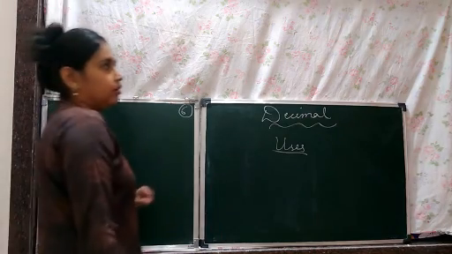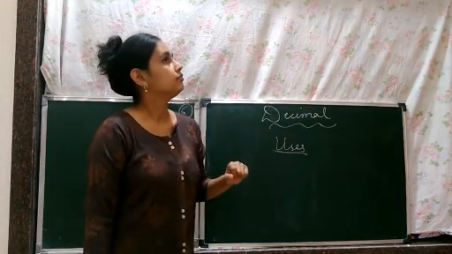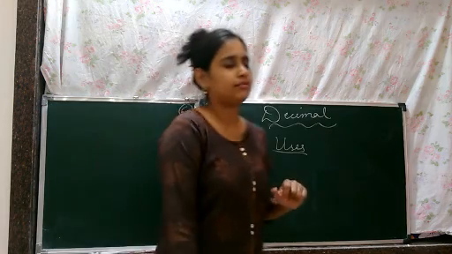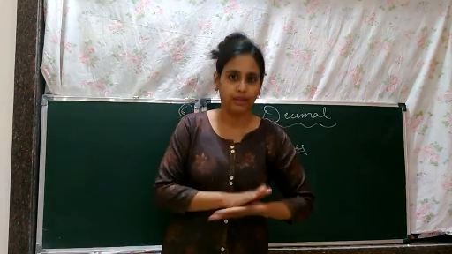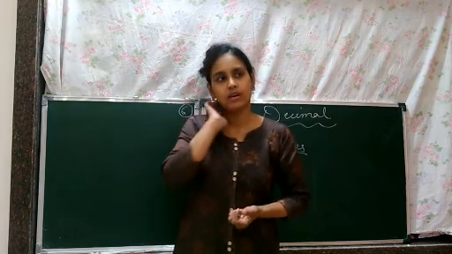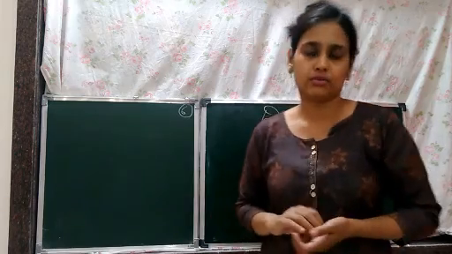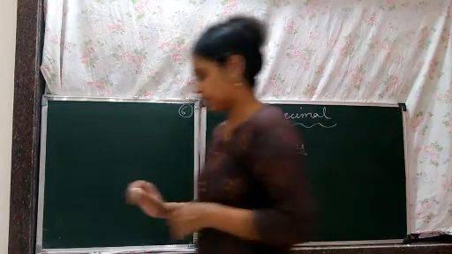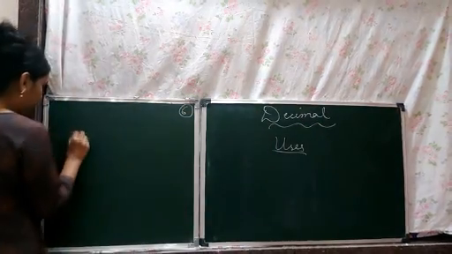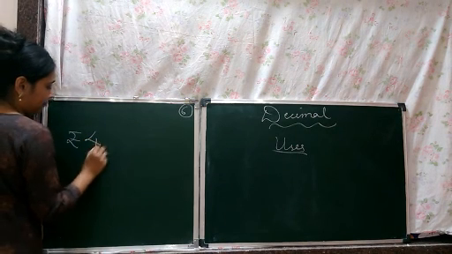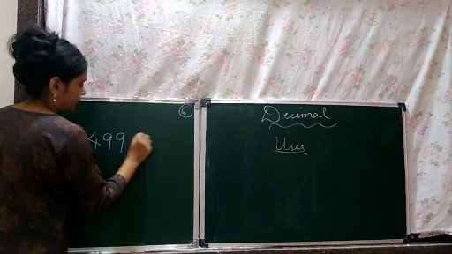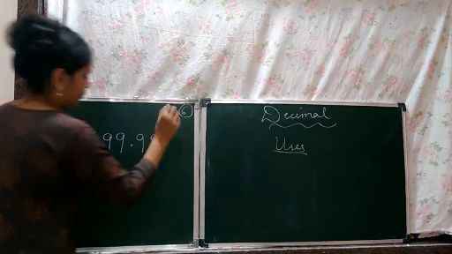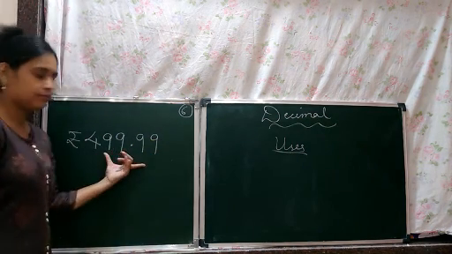First thing, let me give you a real life example. For example, if you buy something, you love shopping, we all love shopping. So if you want to buy your dress, the cost of your dress, if it is something like this, what is this?